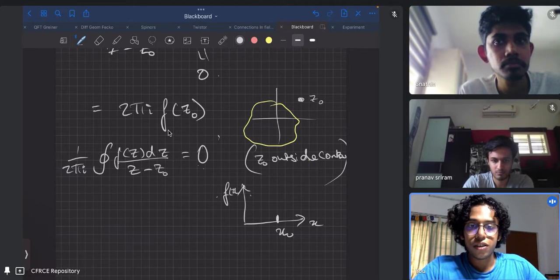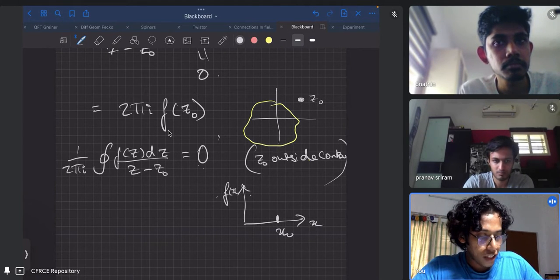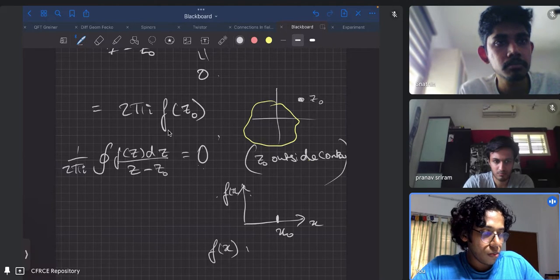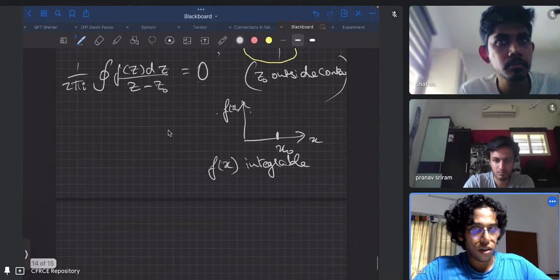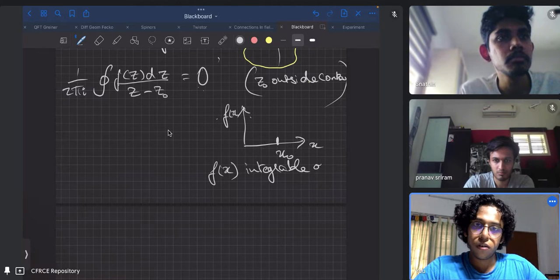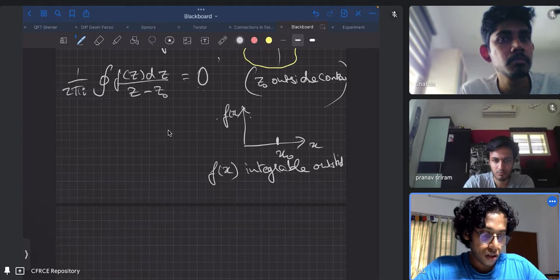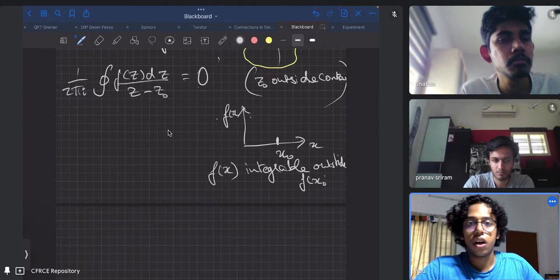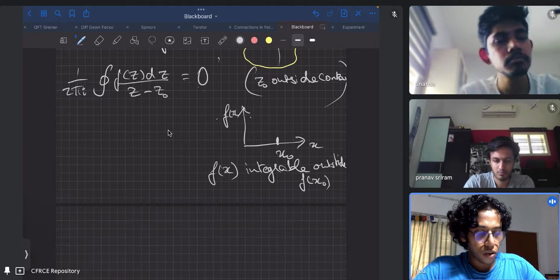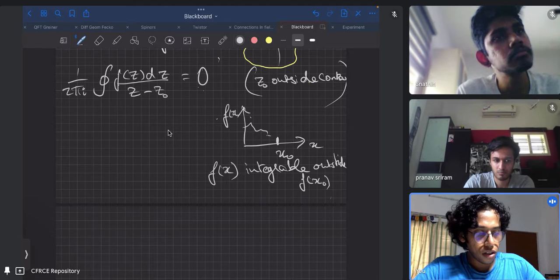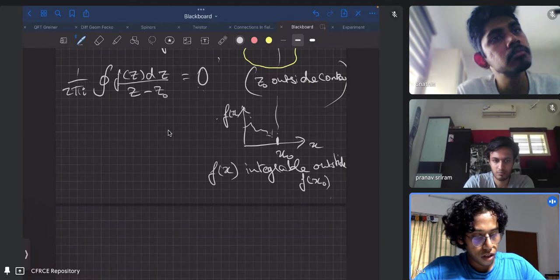The whole f of x is integrable for all regions outside the single point x naught. So essentially it doesn't matter what this thing is, say it is infinite.